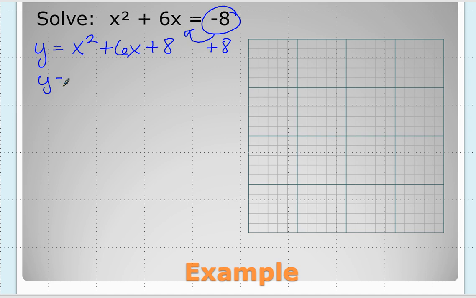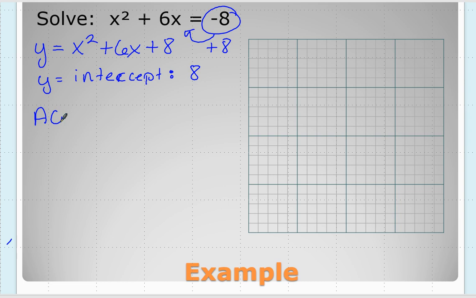So my y-intercept is at 8. Now I need to find my axis of symmetry.